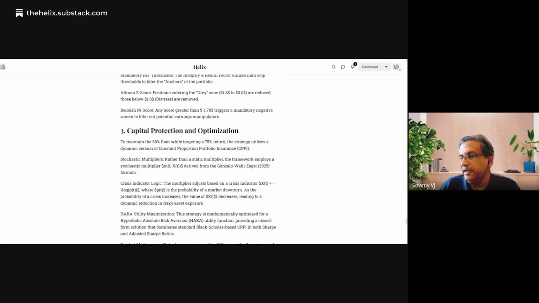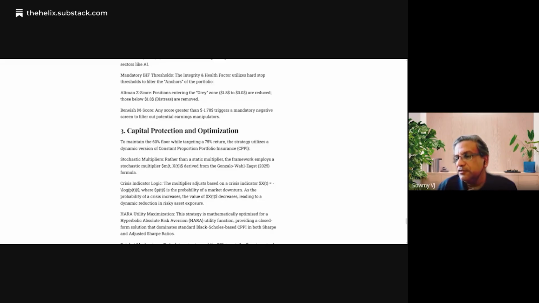Where we take the stock, how much of a multiplier we are taking. So a 60% floor is maintained while targeting a 75% return. What's a floor? It's like you're climbing a ladder or a staircase.